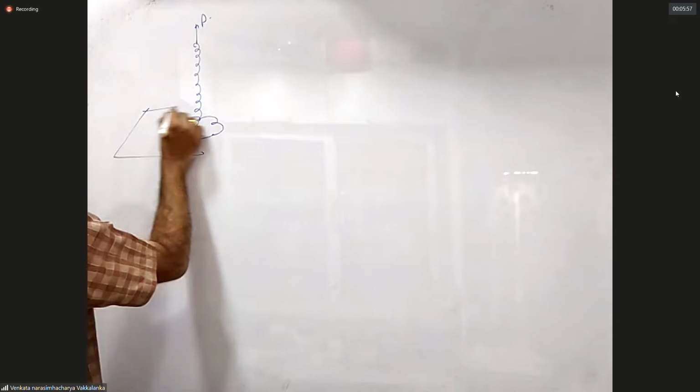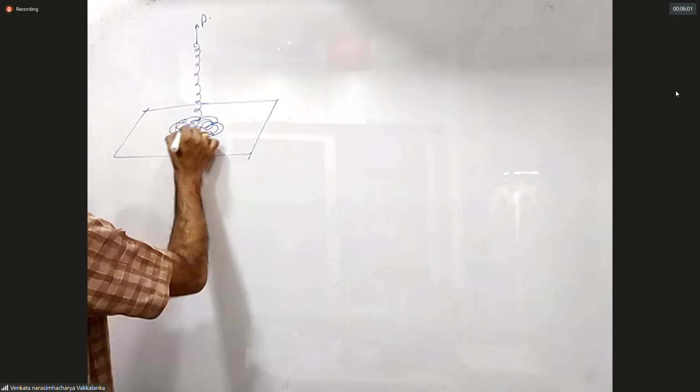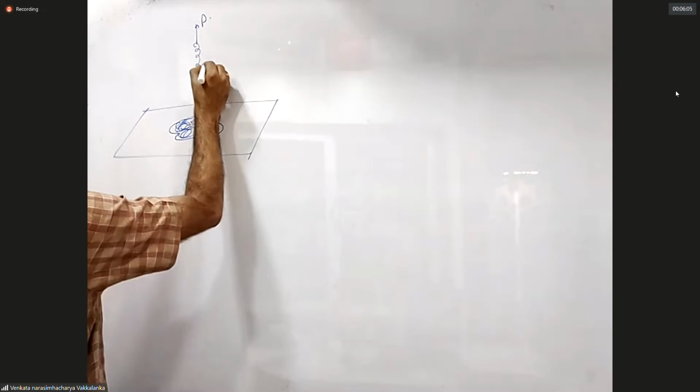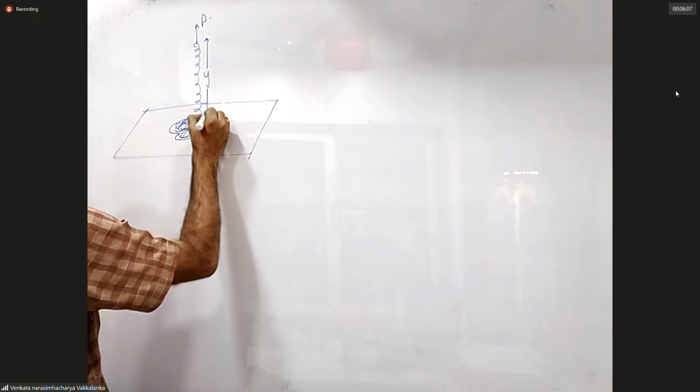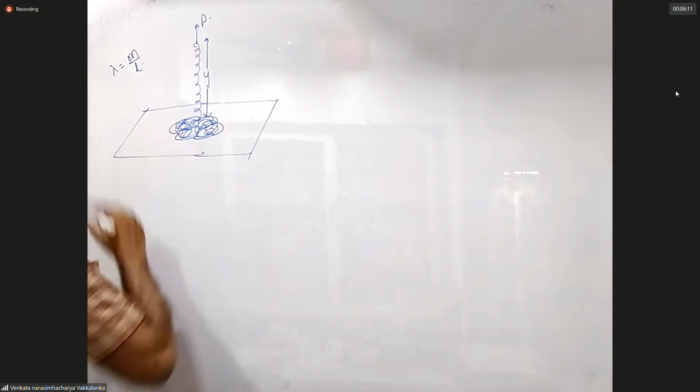You're pulling this with a force of P. The heap of the chain is kept on the ground. This is of distance y. Lambda is mass per unit length.